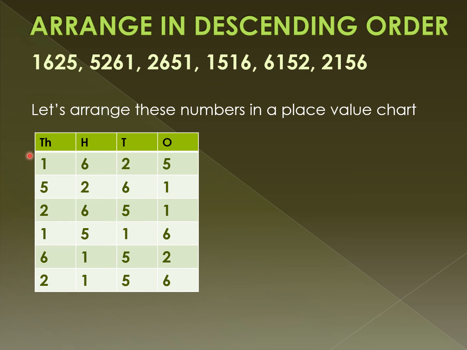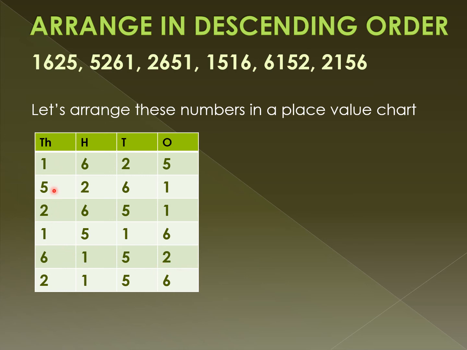So we have to find the greatest number first. Let's compare the thousands place. Here, when we compare, we can see that 6 is the greatest digit. Hence, we know that 6152 is the greatest number. So that number comes first. Now let's compare the remaining numbers.